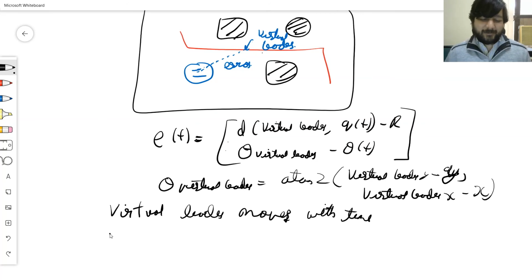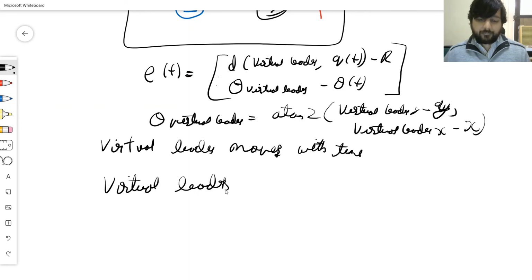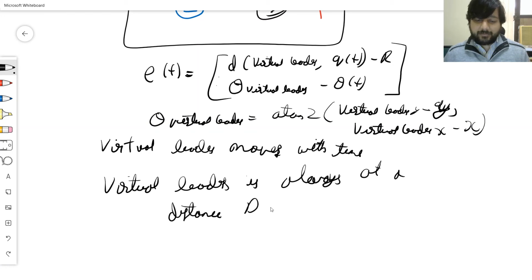So let me write down a rule: the virtual leader is always at a distance d ahead of the robot.